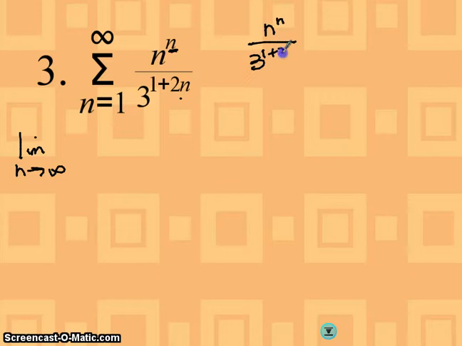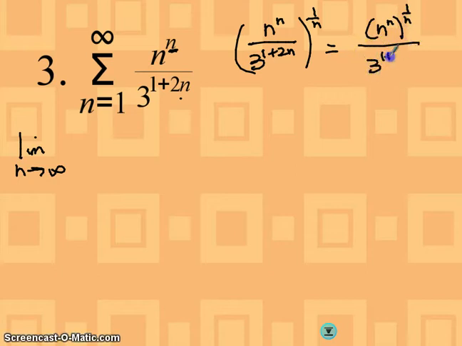I'm going to take the nth root of it, but I'm going to actually raise it to the 1 over n power. All right. So when we raise a power to a power, there are a couple things we can do to simplify this. The first thing I'm going to do is break the numerator and denominator up like this. Then we raise a power to a power. We multiply the powers.